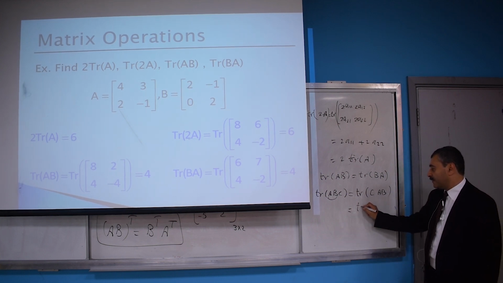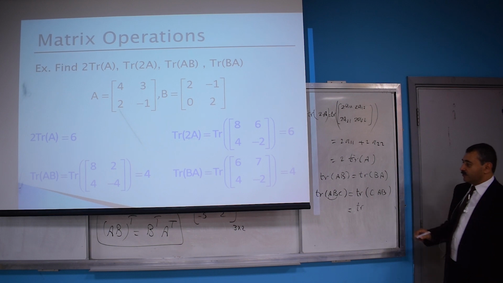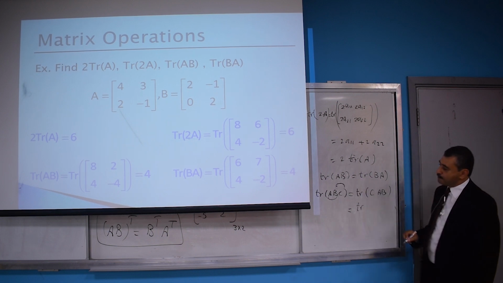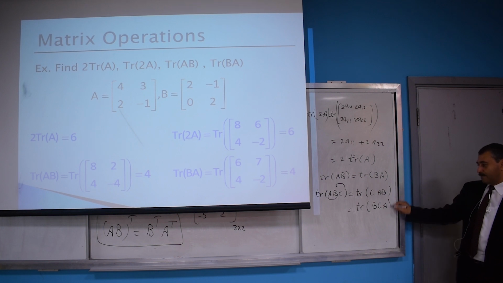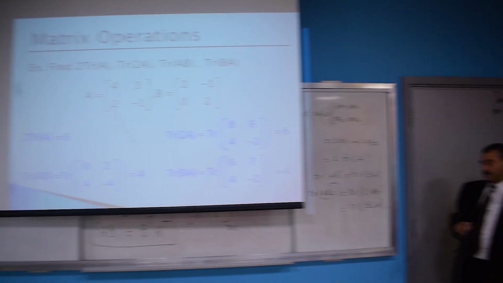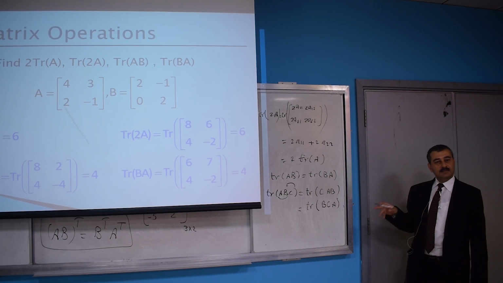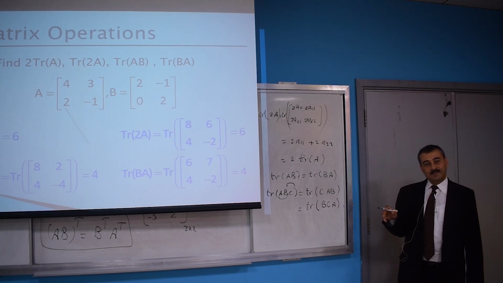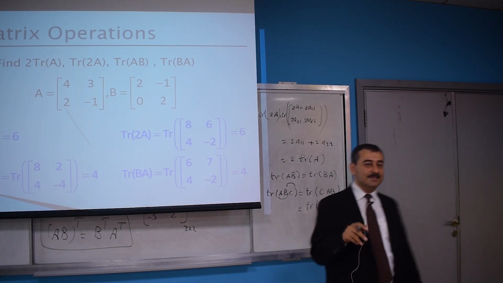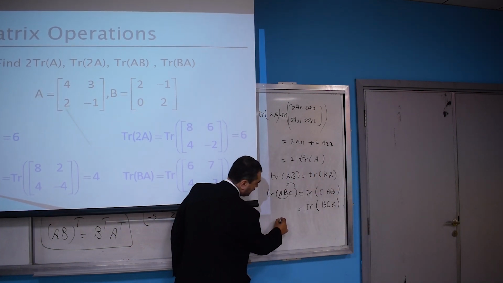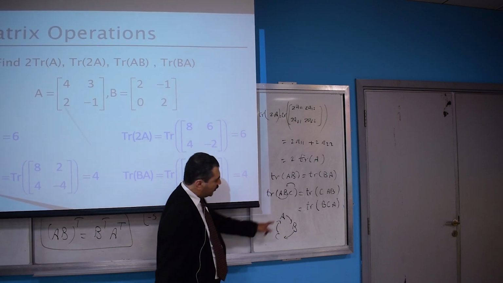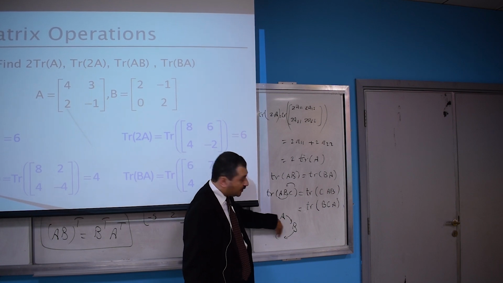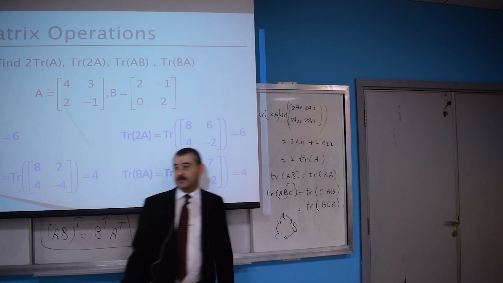Or, you can take these guys as a matrix, so we'll get trace BCA. So is there a rule for these guys? It is cyclic. So trace ABC equals trace BCA equals trace CAB, and so on. They have the same cycle.